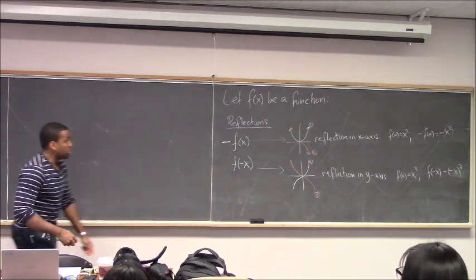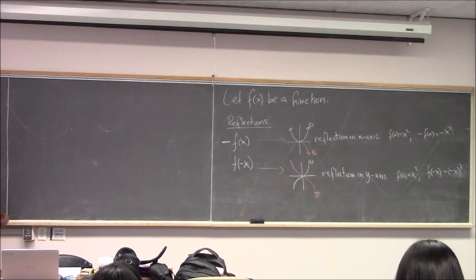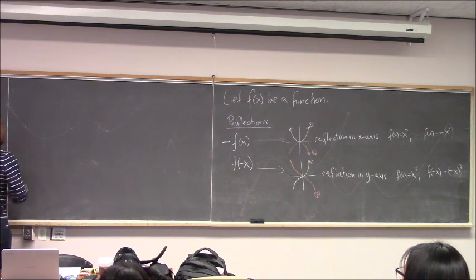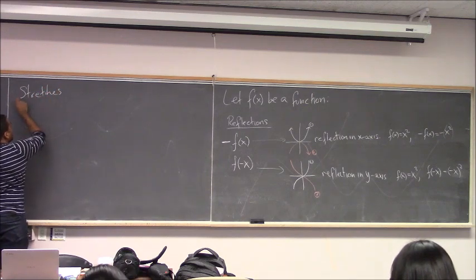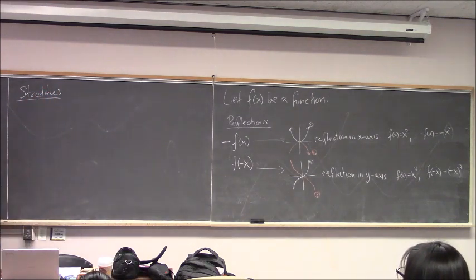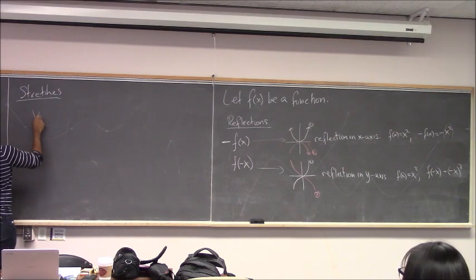Anyway, let's continue. So these are reflections. Some things that we care about are stretches and shrinks. So you can talk about the vertical one.